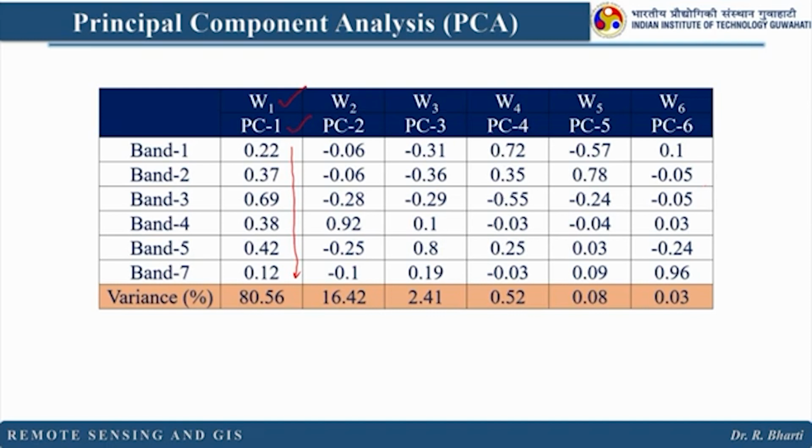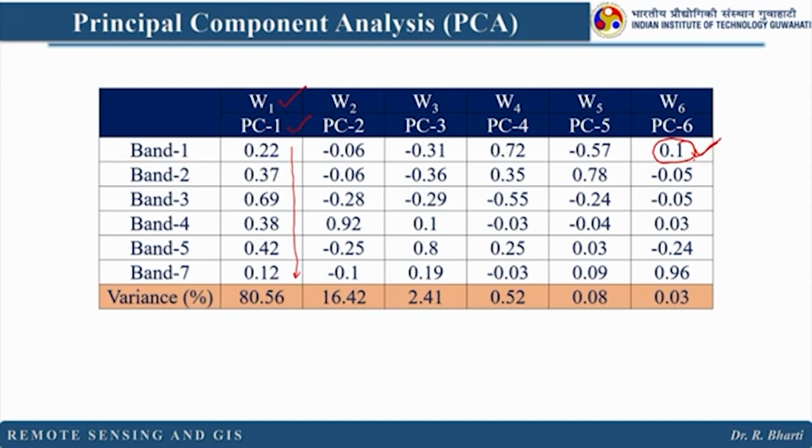The elements of this W are known as loadings. These loadings are nothing but the weightage assigned to individual bands. Sometimes when you are reading a book or a journal paper, you may find that people use loading as an indicator to highlight this particular weightage.